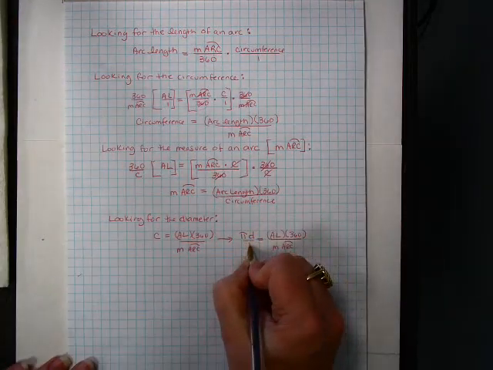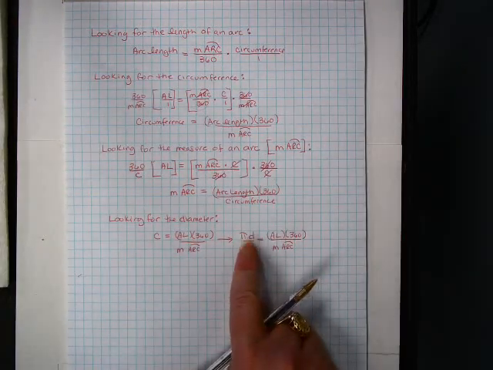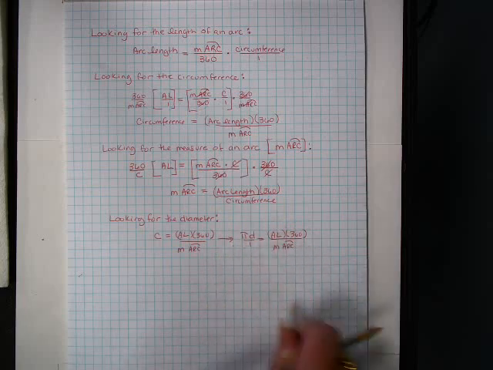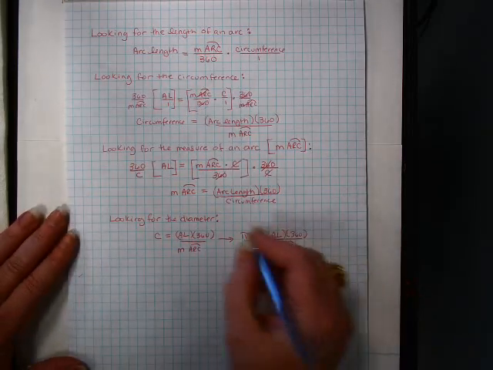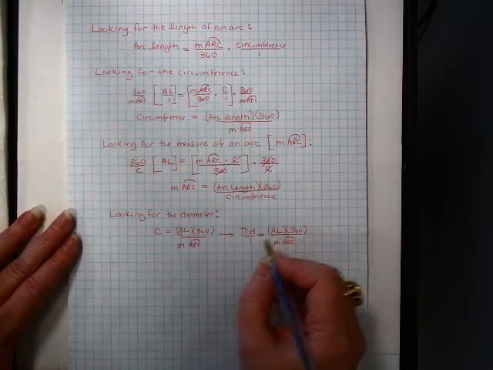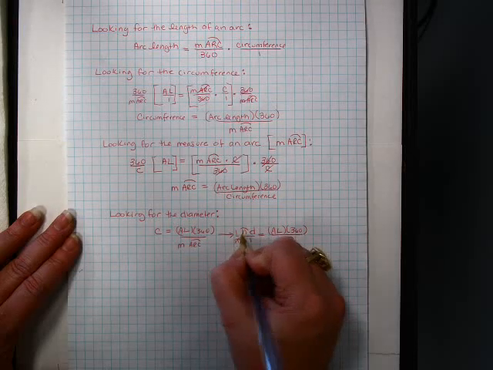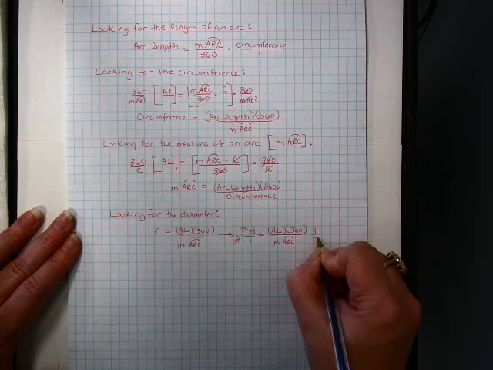Okay, if I put this over 1, how do I get rid of the pi? Because I'm looking for the diameter, I just want d by itself. Well, I divide both sides by pi, or multiply by 1 over pi. Okay, so here, multiply by 1 over pi, that cancels out, multiply by 1 over pi.